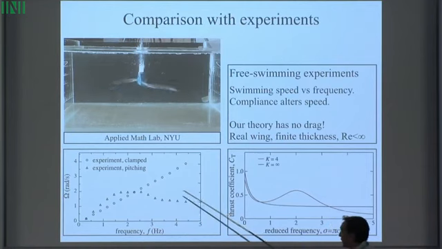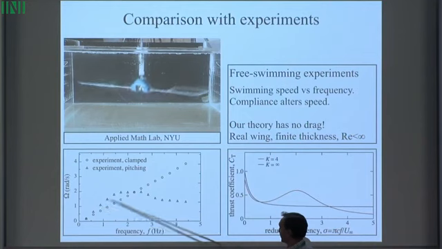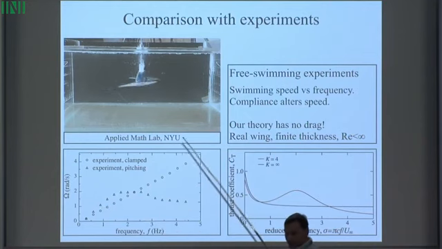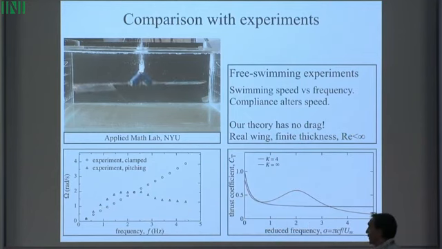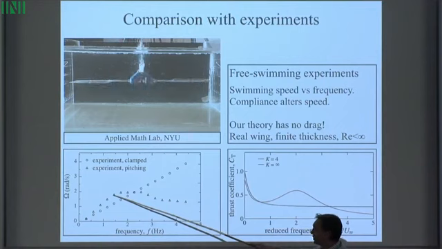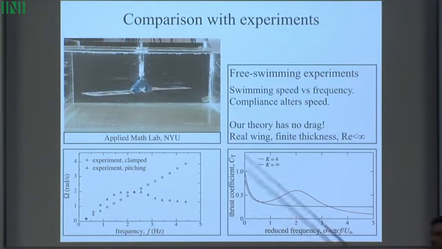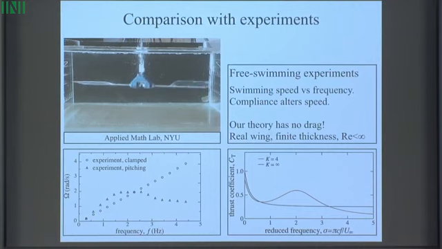So you see for the clamped wing, the swimming speed simply increases nearly linearly with driving frequency. And then for the wing that's allowed to pitch like this, you see a transient increase, where you get a boost in swimming speed, and then it diminishes below the clamped speed.